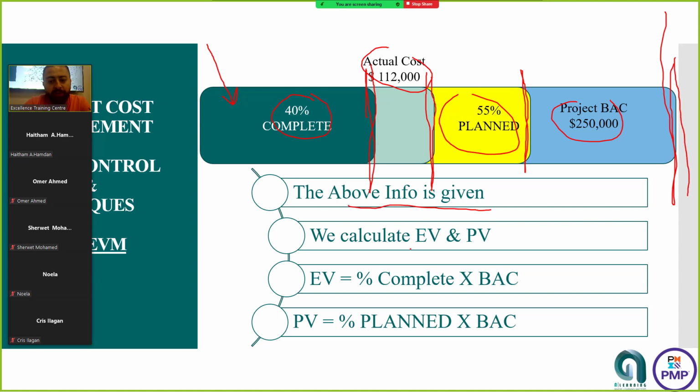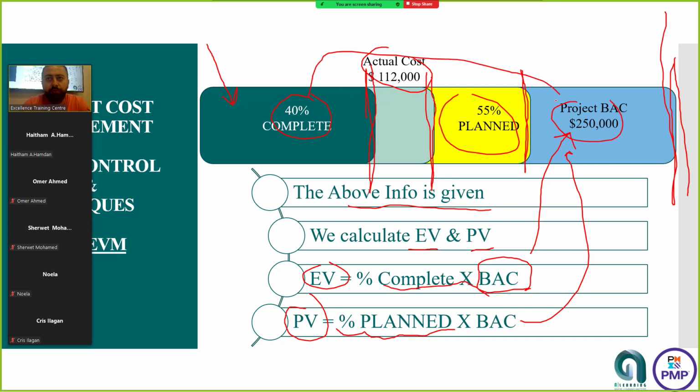The above information is given. Calculate the EV and the PV. The EV is the percentage of completion multiplied by this number. The planned value is the percentage of what has been planned multiplied by this number. So the first one is 40% times 250. The second one is 55% times 250. Give me the numbers, please.